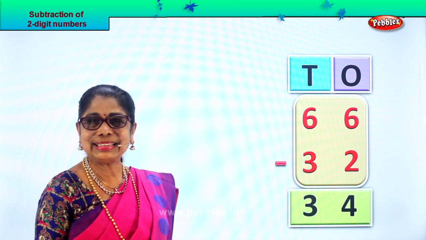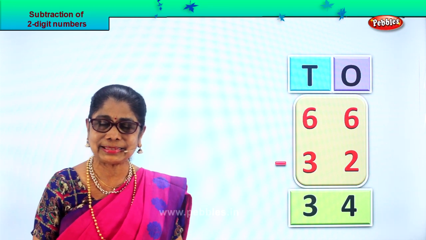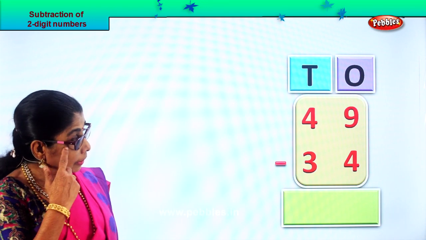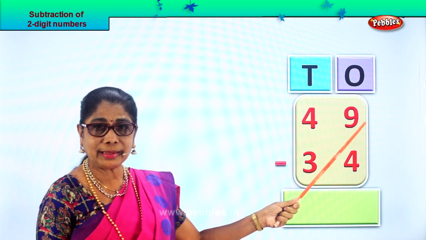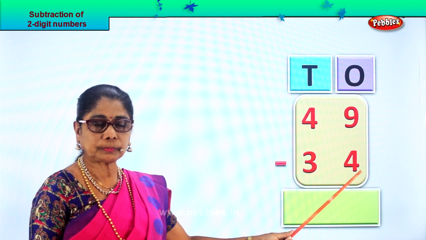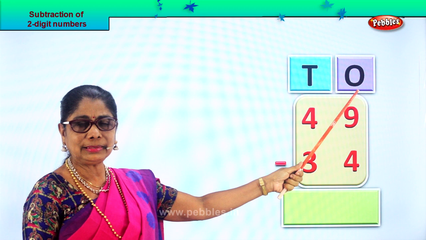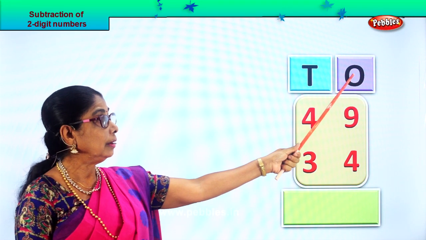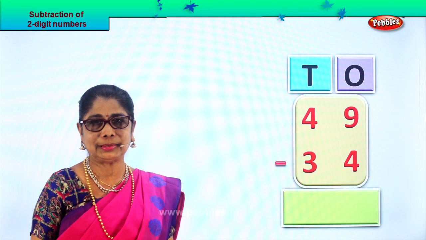Simple subtraction. Good. Shall we take another sum and enjoy doing our subtraction? Look at this. You are given 49 minus 34. Ones, tens. Let's take the ones place first, then go to tens. 9 ones minus 4 ones.